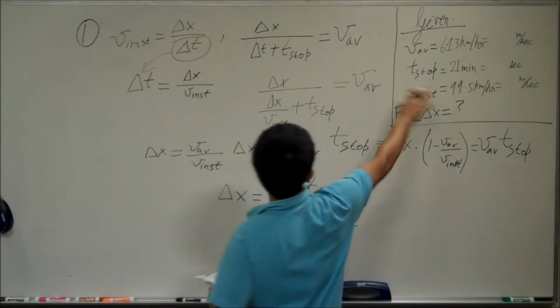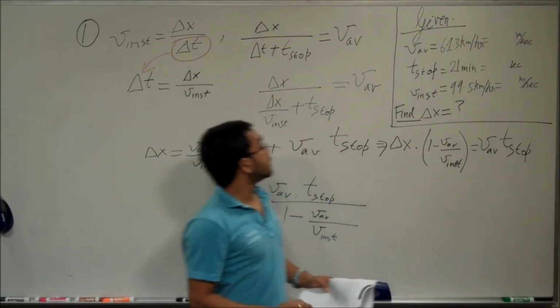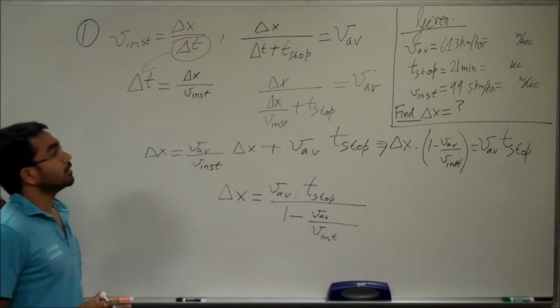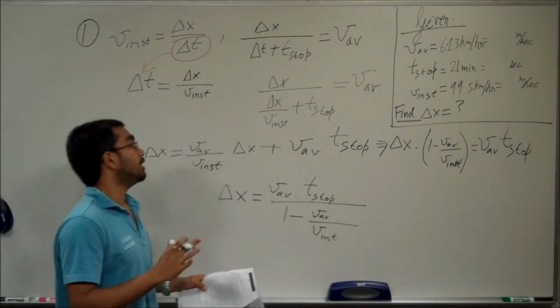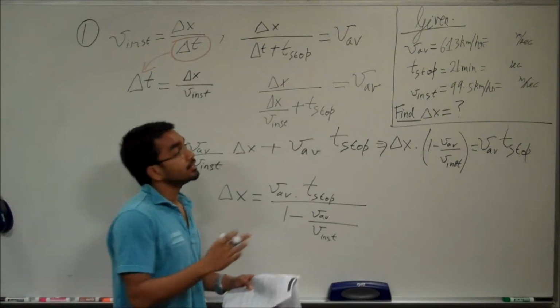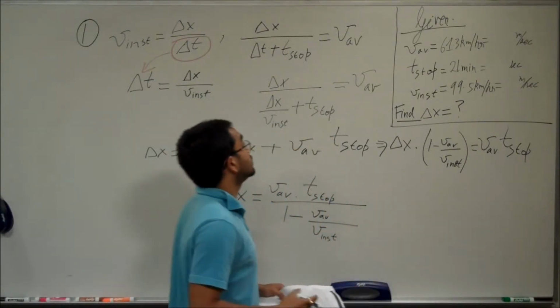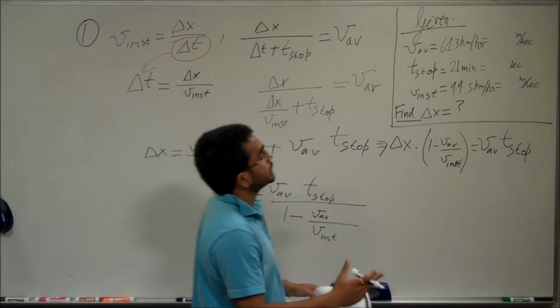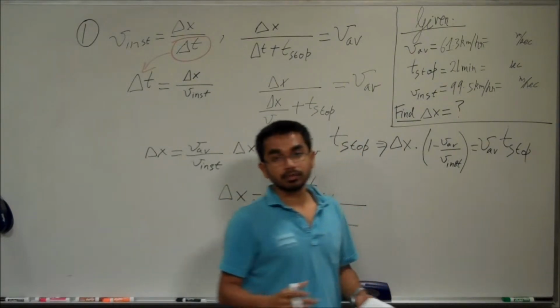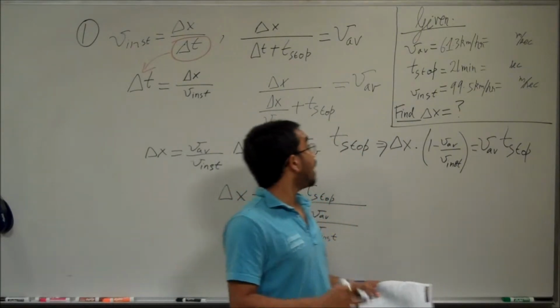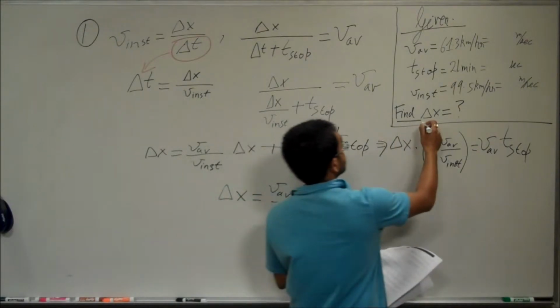But that's just math. So the person's driving at 99.5 kilometers per hour, he stops for 21 minutes and keeps driving, and throughout this journey his average velocity is found to be 61.3 kilometers per hour. Then we have to find out how far that person has actually traveled.